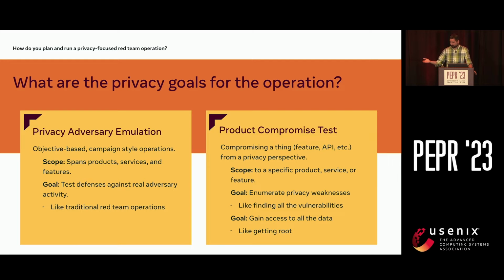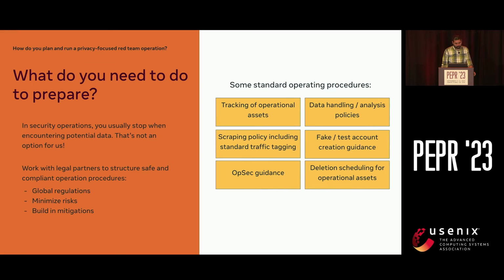Okay, so you've identified a blue team, you've scoped your privacy red team operation, ready to go, right? Let's go kick some privacy ass. But you can't, because unlike in the security world, there are some serious considerations you have to take into account before running your operation. So if you're in the security world, sometimes you'll have a client and they'll say, hey, if you're traipsing around our infrastructure, have at it, go crazy, do whatever you want.